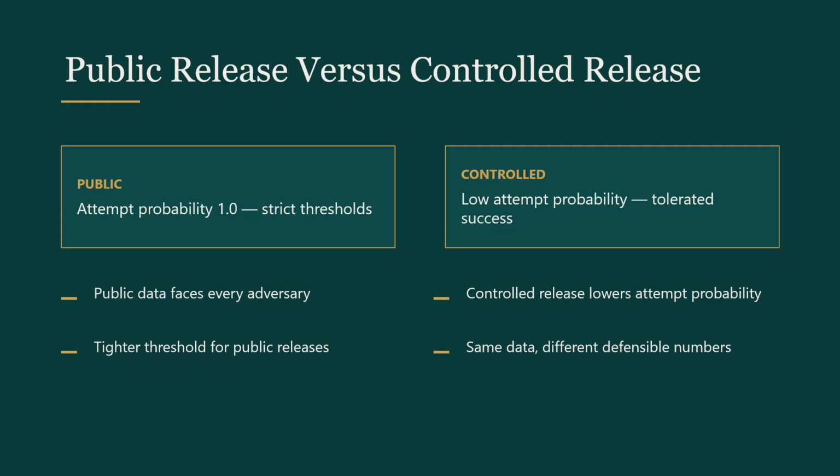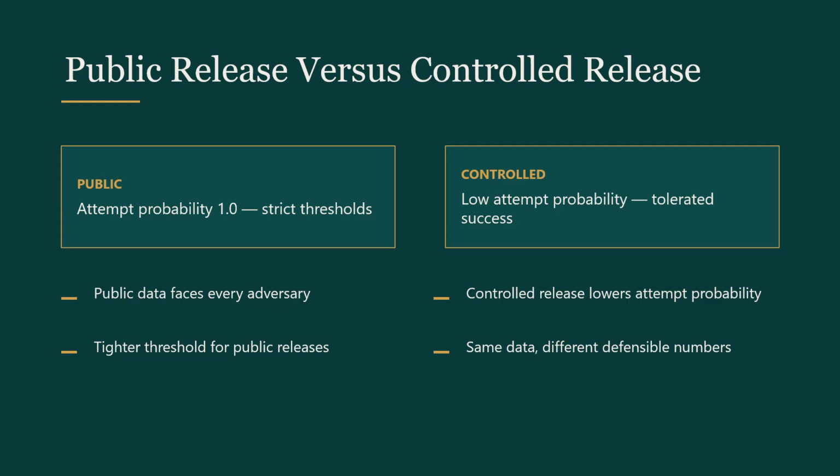At the other end sits the locked enclave, a vetted researcher reaching the data through a remote desktop that blocks downloads, exports, and printing, under a contract that forbids re-identification, inside an environment with audit logs. There, the attempt probability is genuinely, demonstrably low, and the methodological literature supports tolerating a higher success factor.